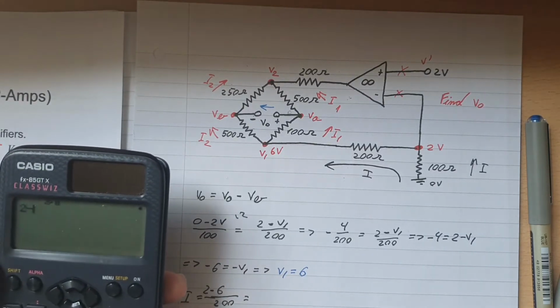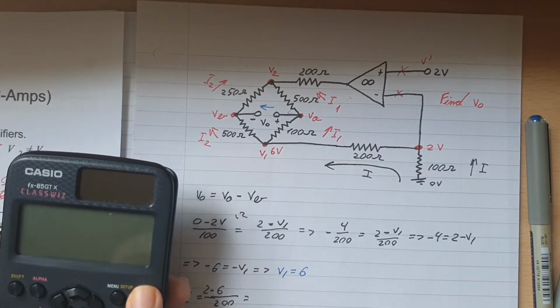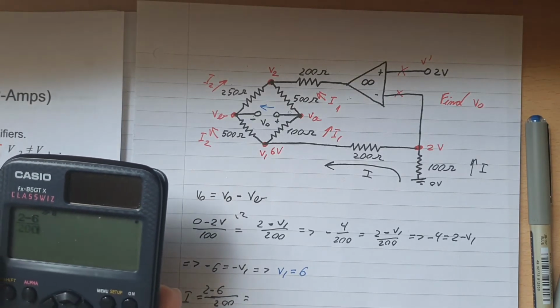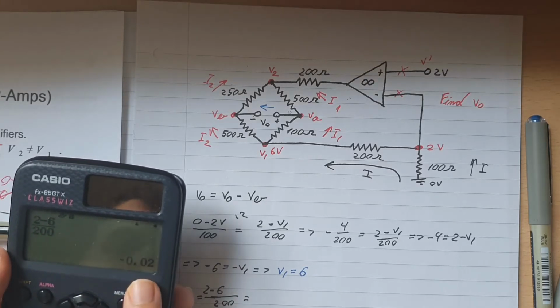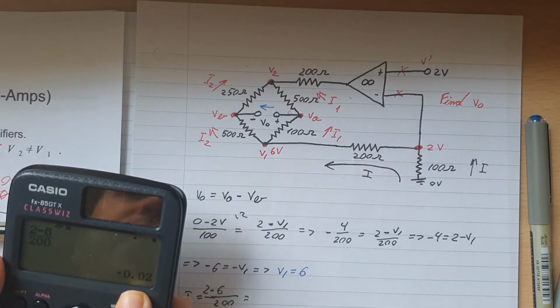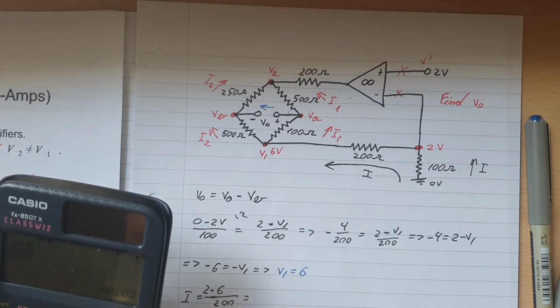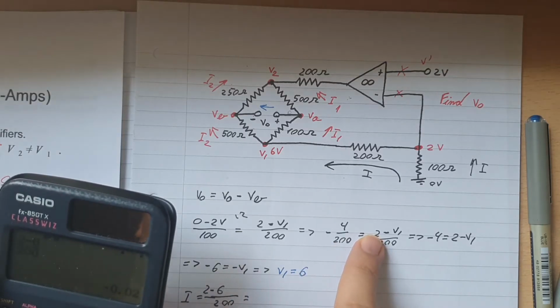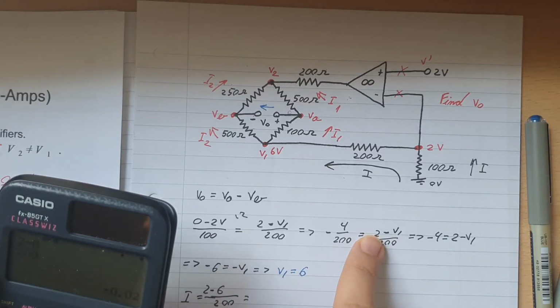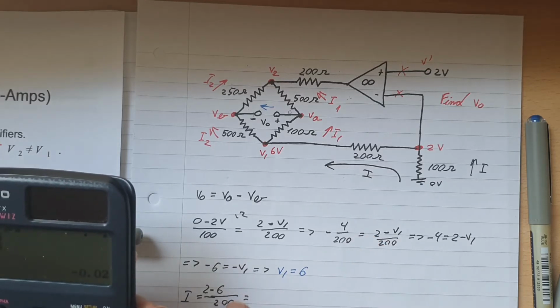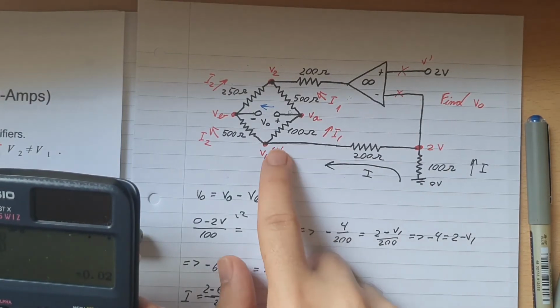So 2 minus 6 all divided by 200, 0.02, that will be minus 20 actually. Okay, now I wonder, did I, yes, I think I might have done the wrong calculation, didn't I? So 2 volts are coming in, 6 are coming out.